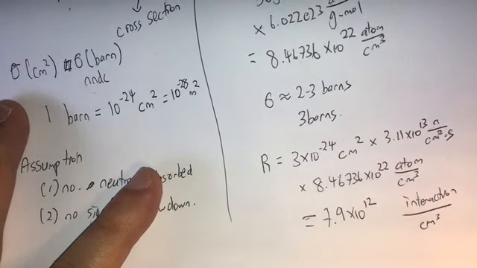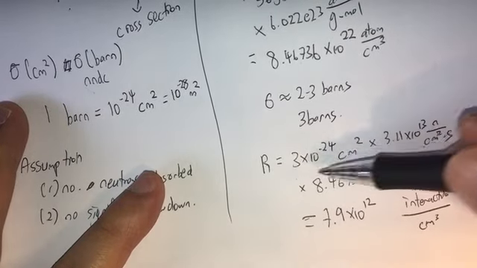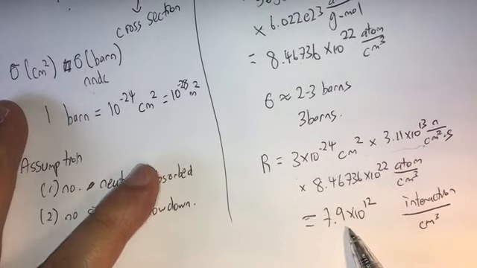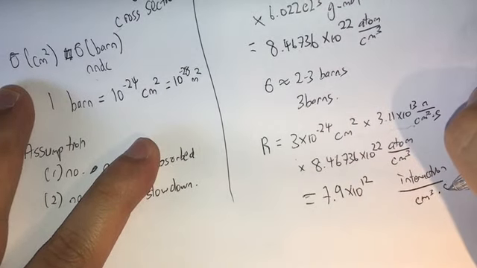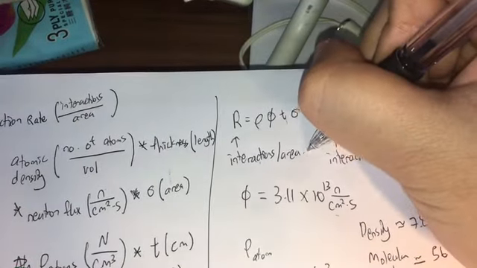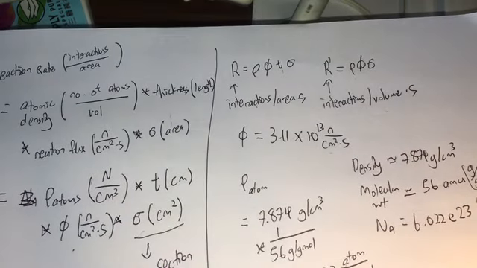So in 1 cm cubed of the steel with this much flux and this cross section, it's bound to happen about this many times. So there are interactions per cm cubed per second. I should put that here as well: per area per second, per volume per second. So these are in rate units, the interaction rate per area and volume respectively.